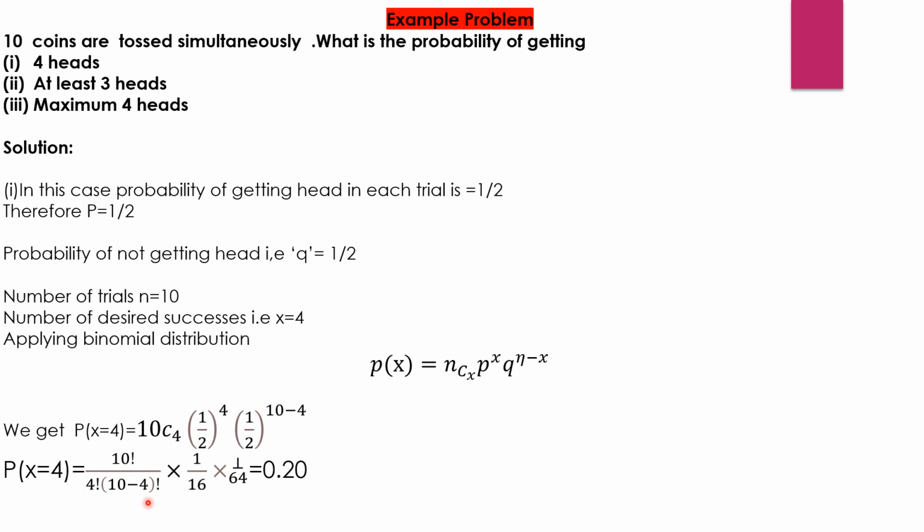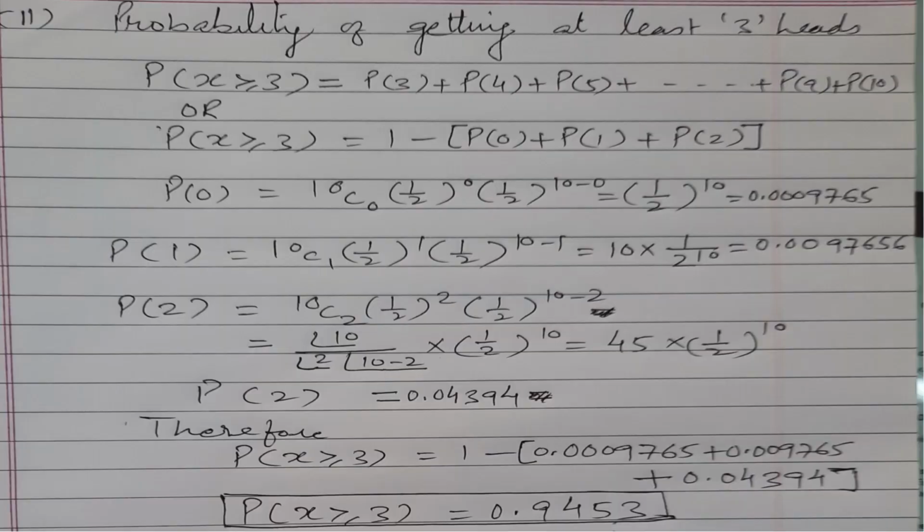After solving this relation, you will get probability of getting 4 heads as 0.20. That is, 20% chances are there that when 10 coins are tossed simultaneously, we can get 4 heads.